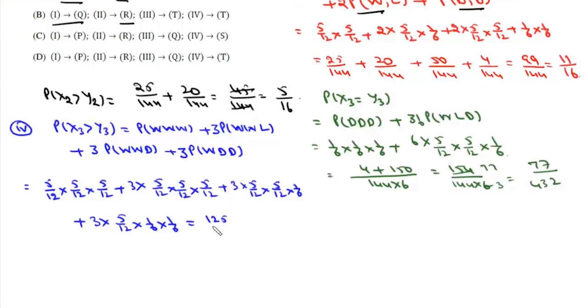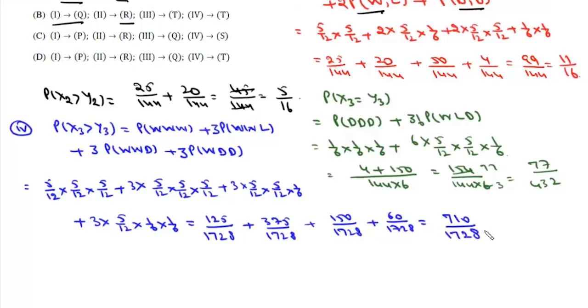Now this is 125 upon 1728 plus 375 upon 1728 plus 150 upon 1728 plus 60 upon 1728, and there will be 710 upon 1728.